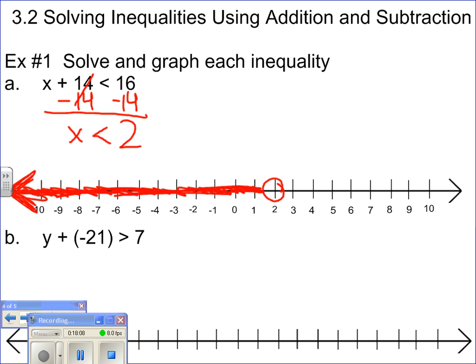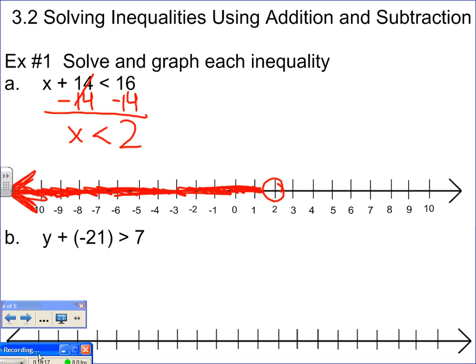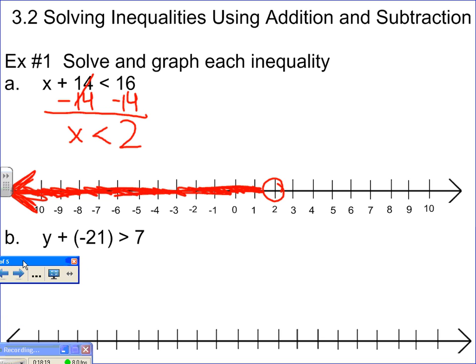Okay, here is B. It is y plus -21 greater than 7. Please solve this problem and then graph it.